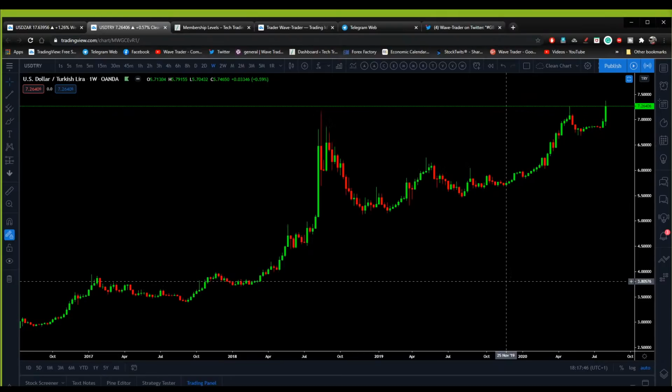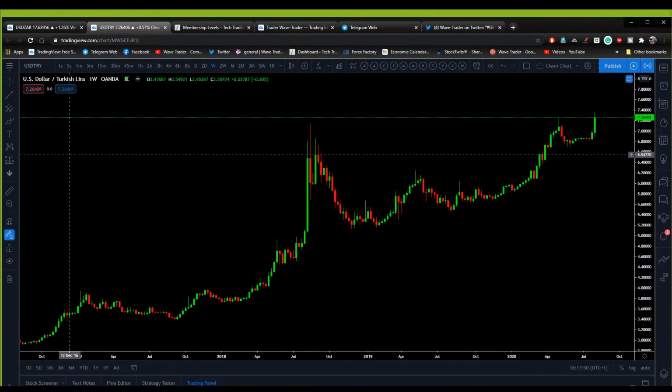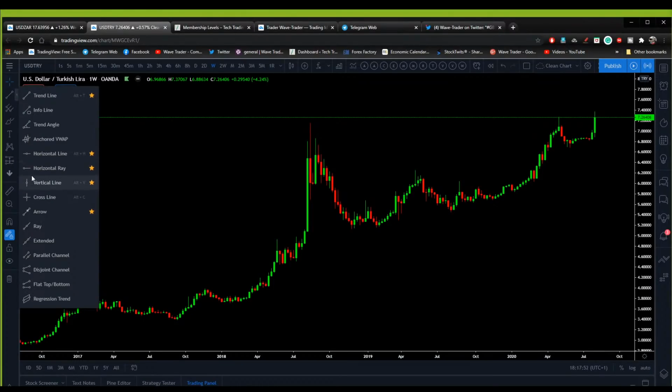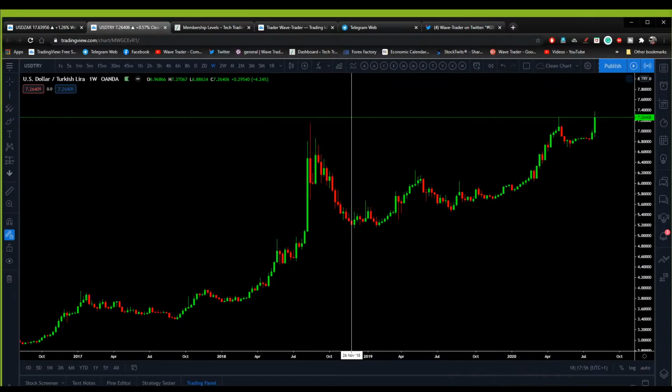Okay, if you do remember, and if you don't remember, then go to my weekly market outlook, November 2018, within these areas.